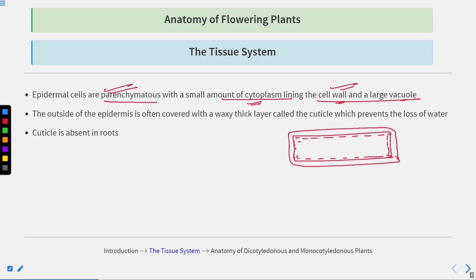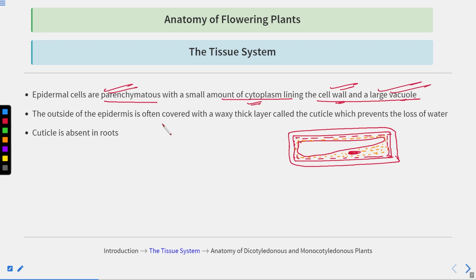Now the vacuole is large, and the nucleus is here. The cytoplasm quantity is very, very less in the whole cell. Major part of it is covered with a large vacuole. So this is very important.